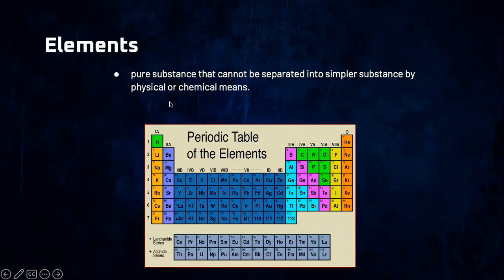So elements are pure substances, as mentioned earlier, that cannot be separated into simpler substances. When you see an element, like for example, oxygen, no matter how you want to cut oxygen, oxygen is still oxygen. There's no way you can cut it and create a new substance from oxygen. All right. Next.